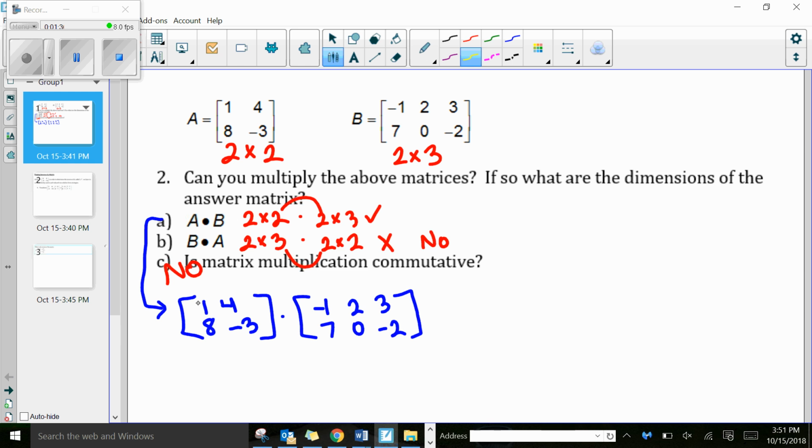I'm looking at the top row, and that's going to help me figure out all the numbers of the top row. I'll show this with yellow. The top row of the first matrix is going to help me figure out the top row of my answer matrix. The bottom row is going to help me do the bottom row, and I'll get to that in a moment.